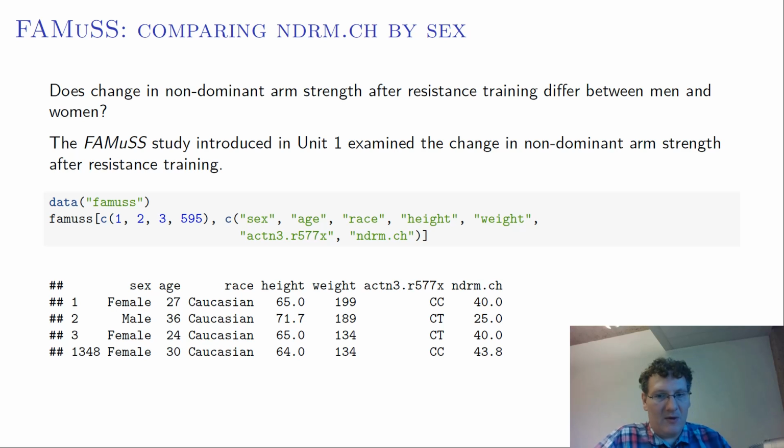Now it looks like this is the FAM-USS data set, and it looks like we're using a column here. It looks like this is just showing us a few of the rows, and probably NDRM.ch is a measurement of non-dominant arm strength.